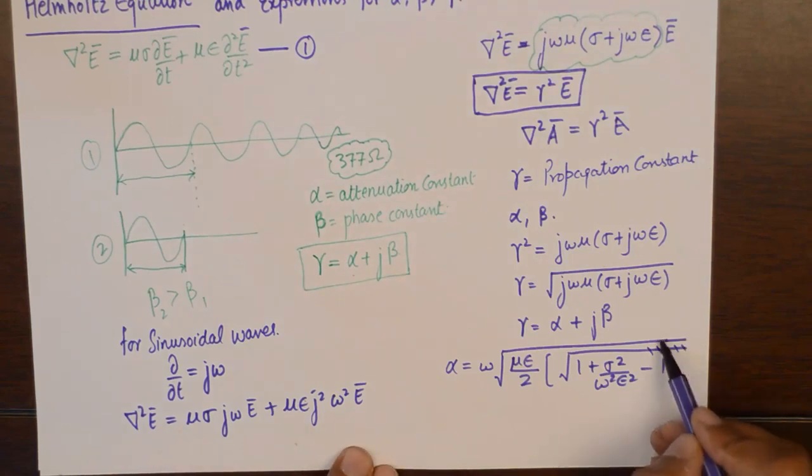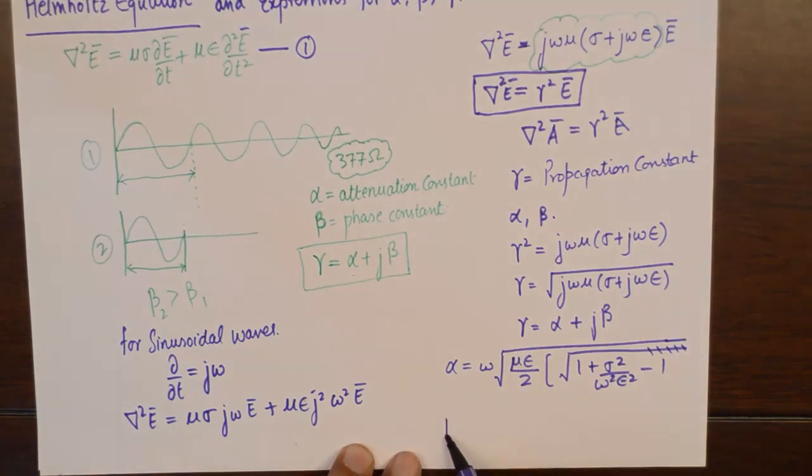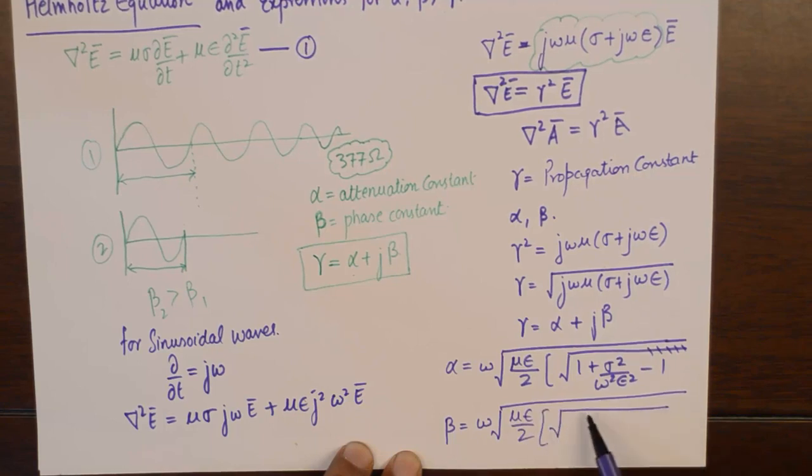Of course, this one is under the root of this main under root, and similarly beta is everything the same, but this minus sign will be replaced with a positive sign. I take this under root way too long.